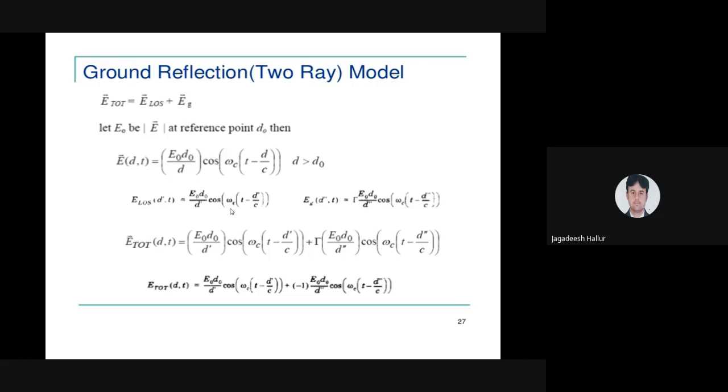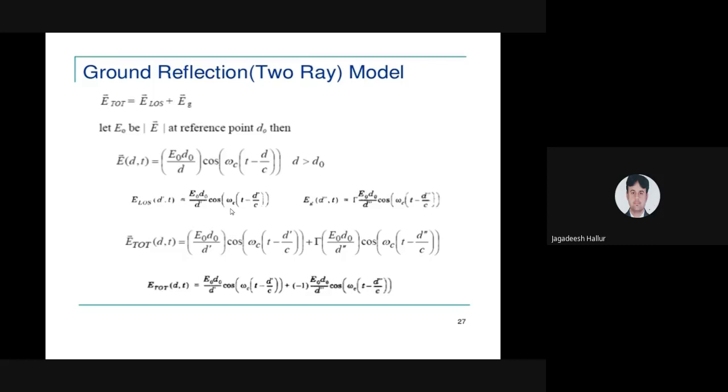One is the direct line of sight wave. You can write it. Two waves or two rays are nothing but one is direct line of sight, second is ground reflected wave. This direct line of sight can be assigned a distance of D dash. The direct line of sight wave with respect to the electric field can be written with respect to distance D dash.